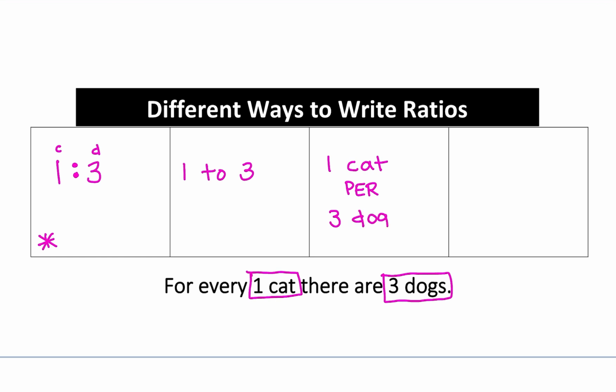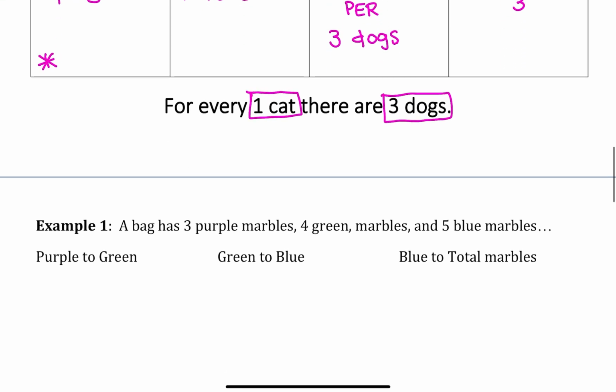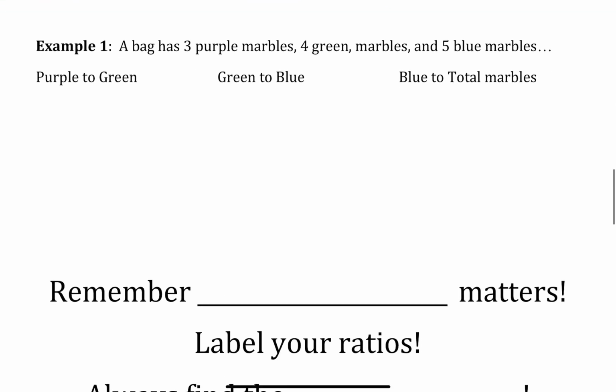That's another way they could write it. Or you could write it like a fraction, so 1 over 3. That is the 4th way you could see it. But again, the colon is typically how you are going to see a ratio. All right, let's go to the inside and let's practice.